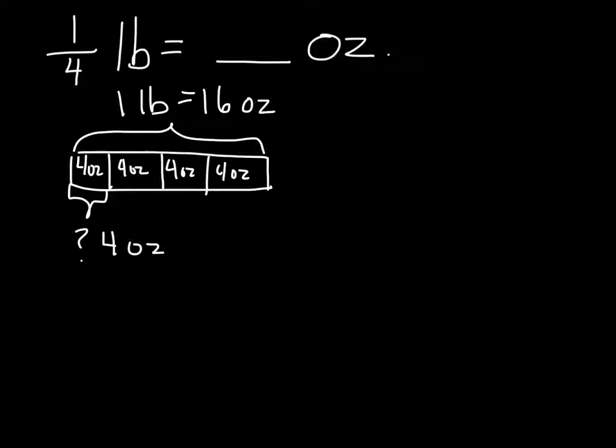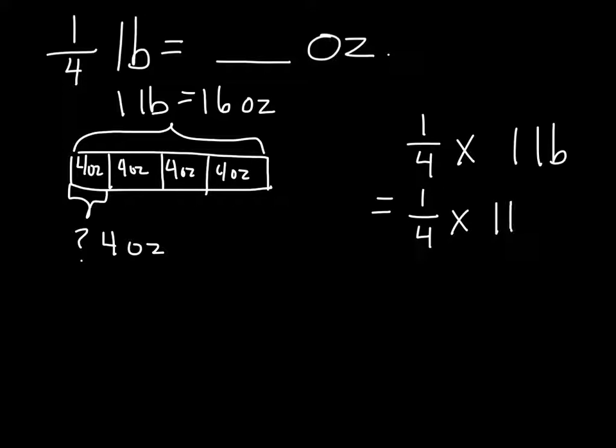Now, if I want to do it with just the numbers as we practiced in class today, I'm going to start off by taking a multiplication equation, 1/4 times 1 pound, and that is going to be the same as 1/4 times 16 ounces. So once again, I'm renaming the unit.